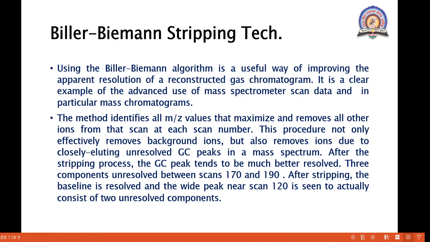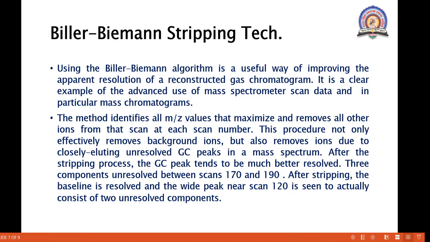After the stripping process, the gas chromatographic peaks tend to be much better resolved. Three components are unresolved between scan 170 and 190. After stripping, the baseline is removed, and the wide peak near scan 120 is seen to actually consist of two unresolved components.